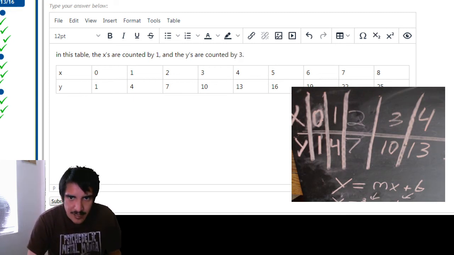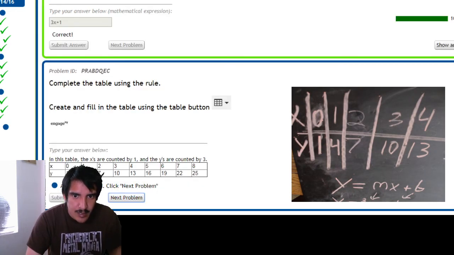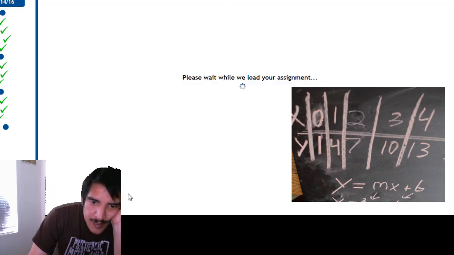So I would say that's a good description, and that's filling in the table. As long as you have a table and maybe a short description, that would be full points for you. And next problem.